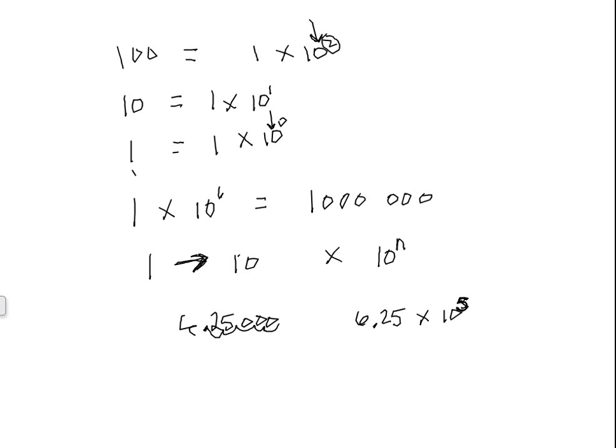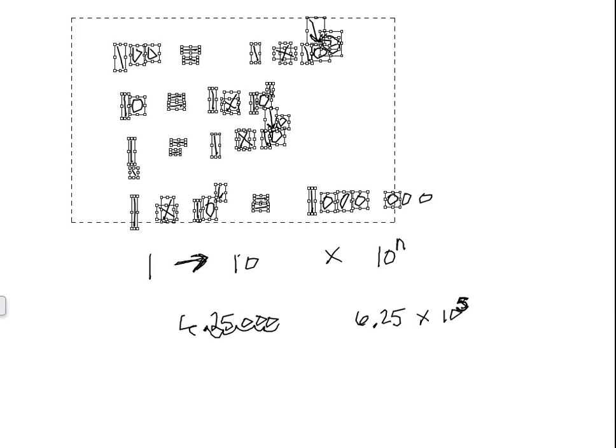Well, in engineering notation, we're not quite as strict. Engineering notation says we will work from 1 to 999 times 10 to a power of n, where n equals a factor of 3.